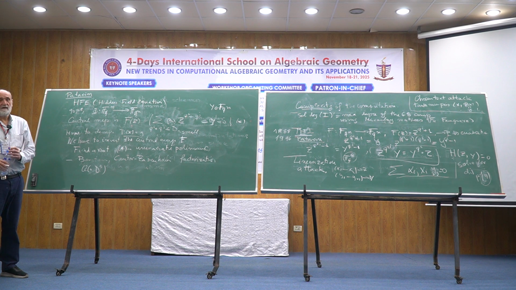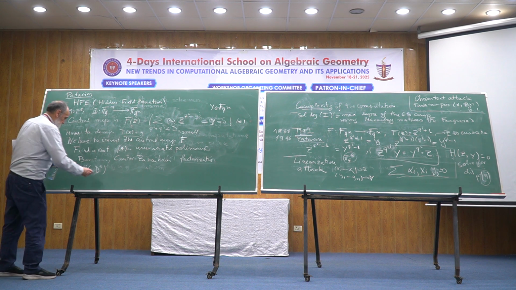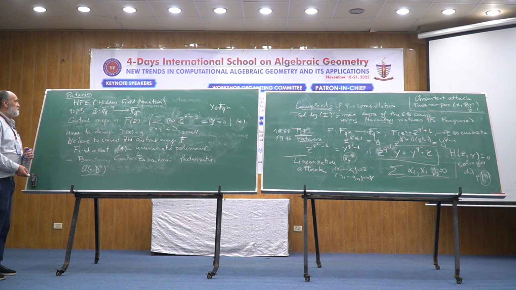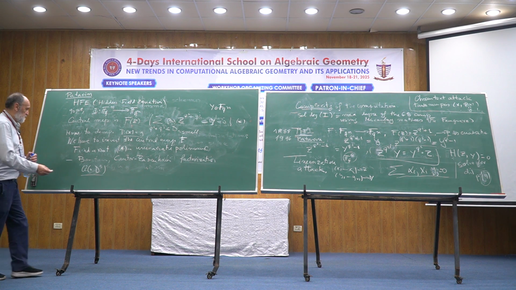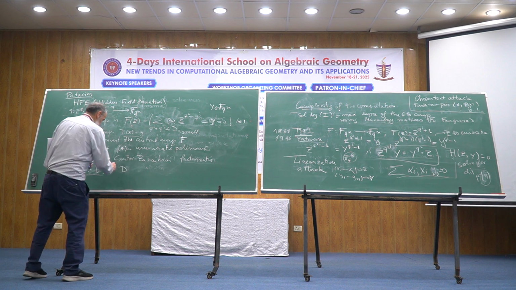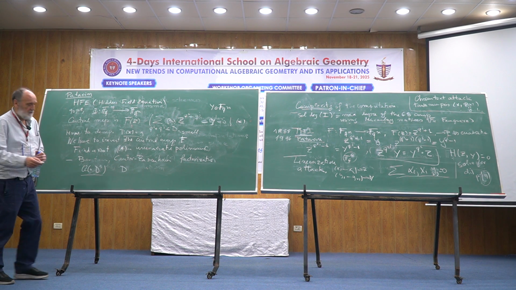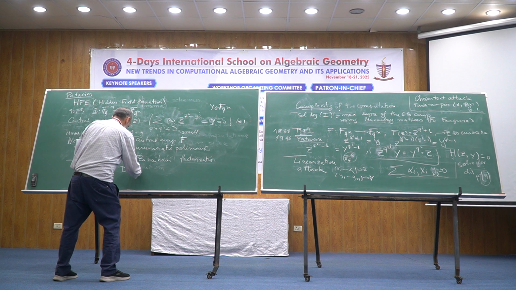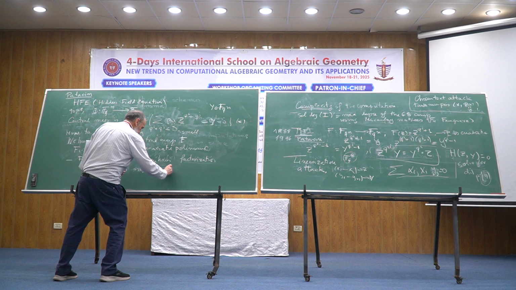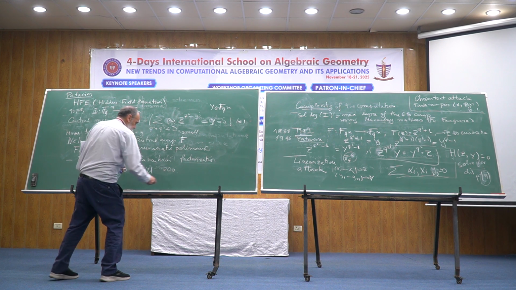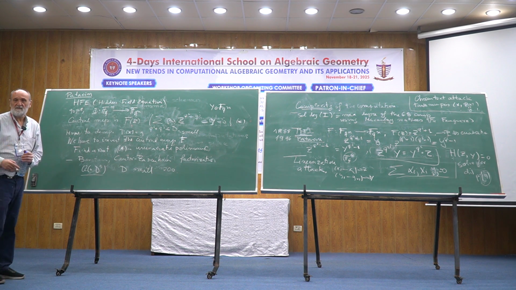This is the complexity, and that means the degree has to be small. Small means, I don't know, something like maybe 200 or 250. So this is what small means.